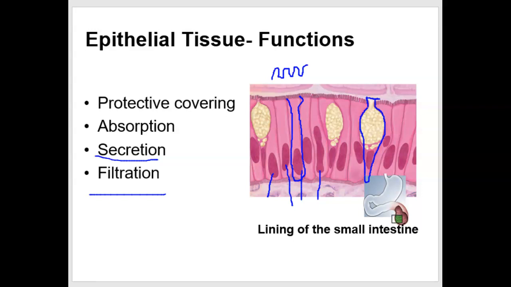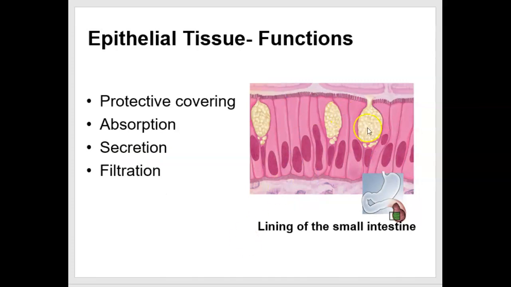Now there are some additional functions of epithelial tissue which we'll talk about, particularly related to the nervous system. Sensation, for example, is important. There are lots of nerve endings often in epithelial tissue, particularly in the skin and other regions, but we'll look at it when we do the nervous system.